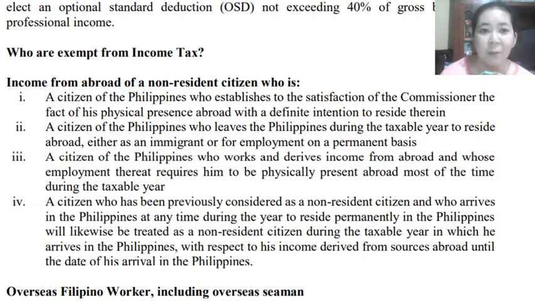So that's why your income from abroad as a non-resident citizen is exempted. We already mentioned the description of a non-resident citizen in our previous video lecture under the classification of income taxpayers.